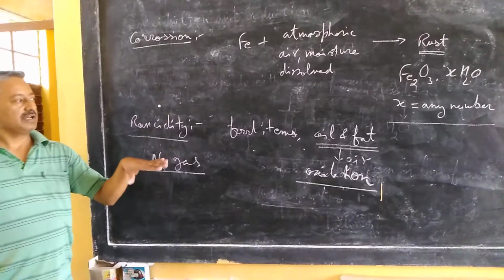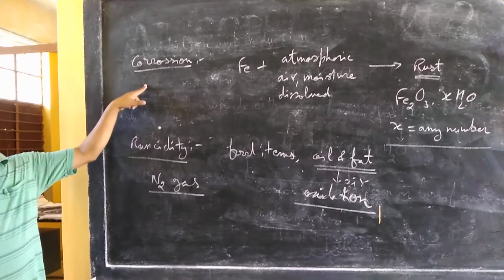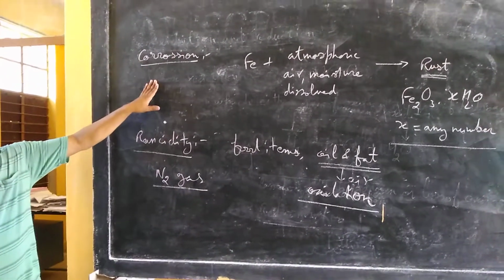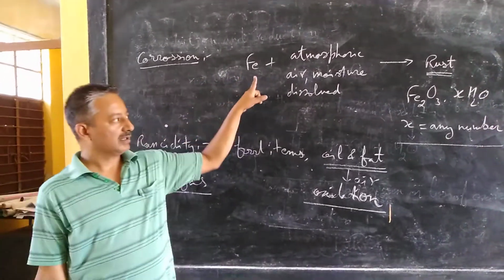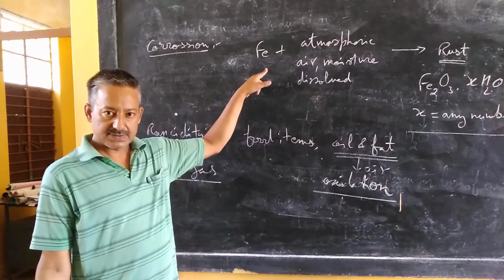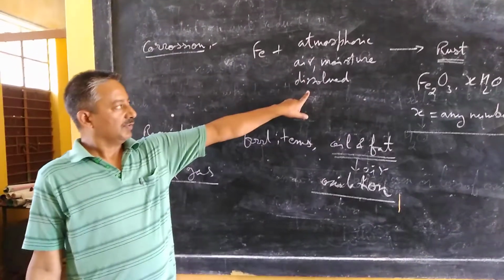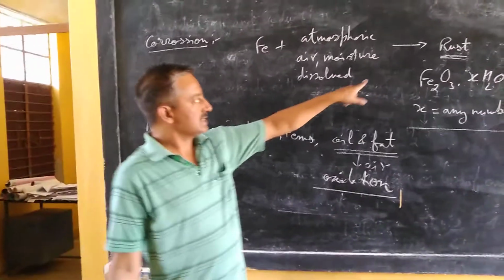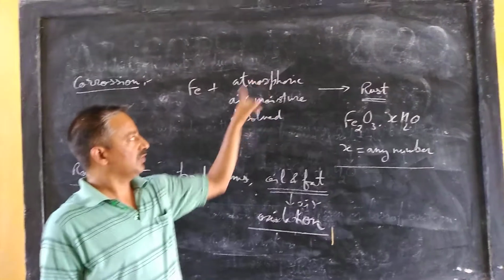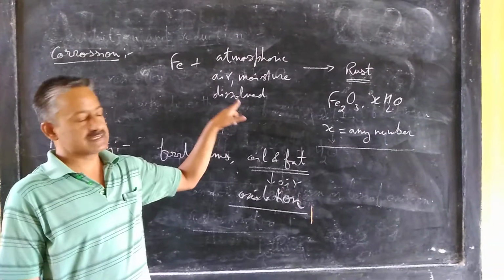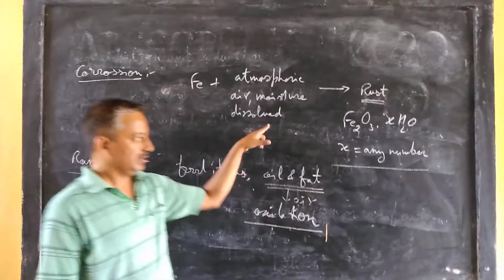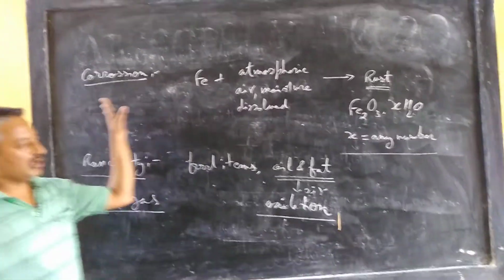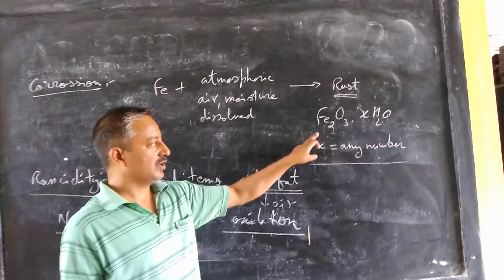So let us revise again. What will be the definition of corrosion? It is the process of deterioration of iron particles by the reaction of atmospheric factors like air, moisture or dissolved gases. Formula of rust is Fe2O3 dot XH2O.